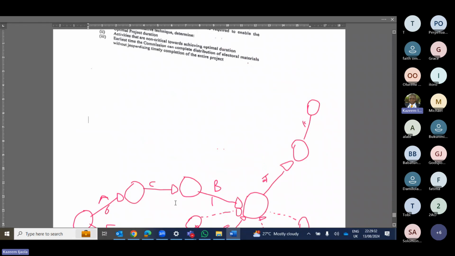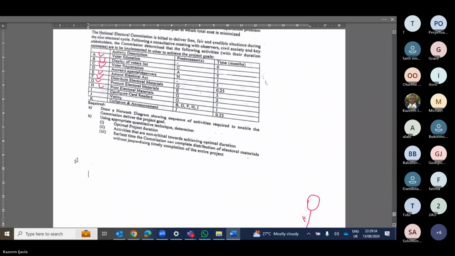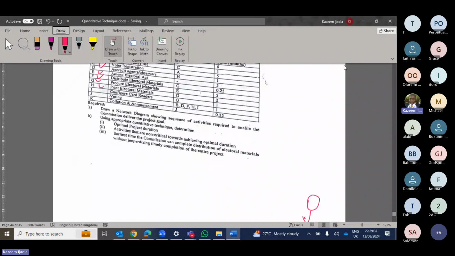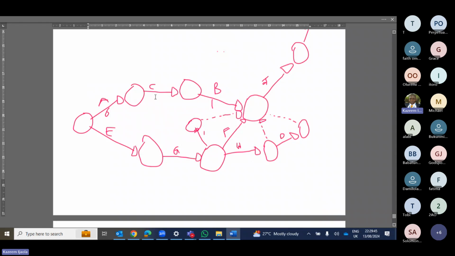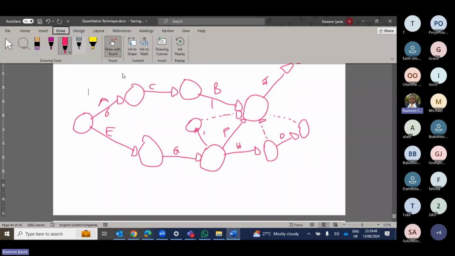A and B, we've done it. Then C. What do we have for C? C is 5. D is 1.